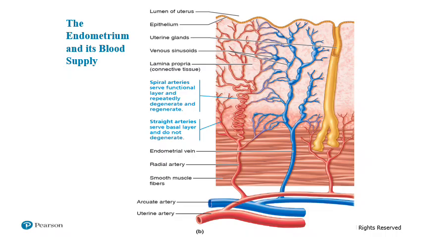This is your radial artery right there, and the radial artery branches into straight arteries, which deliver blood to the stratum basalis. The one that nourishes the stratum functionalis will be the spiral arteries. This is the one that serves the functional layer, and they repeatedly degenerate and regenerate monthly as they are sloughed off. It's going to be regenerated by the stratum basalis stem cells.